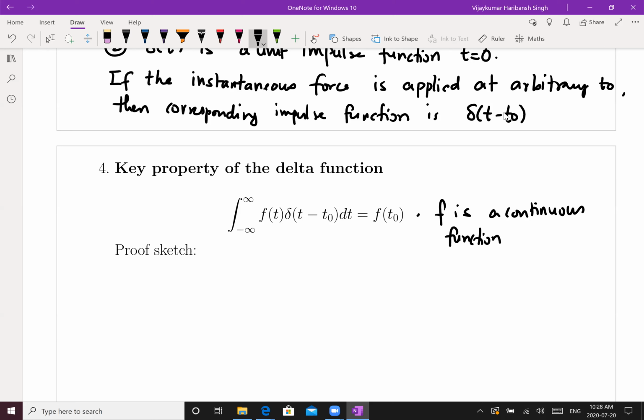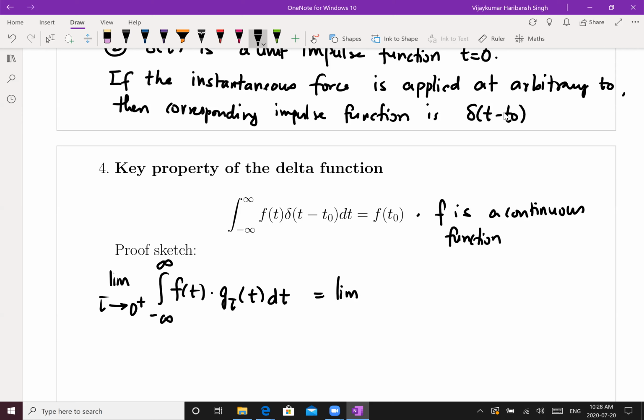Okay. So this is going to be limit as tau goes to 0 plus, integral from minus infinity to infinity of f of t g tau of t dt, right? After all, the limit of this is the unit impulse function, so I can write it this way.